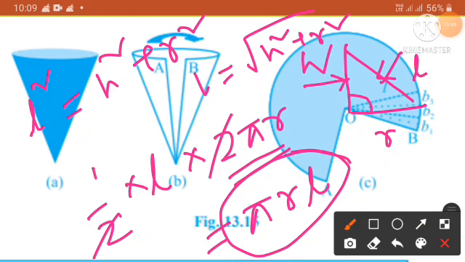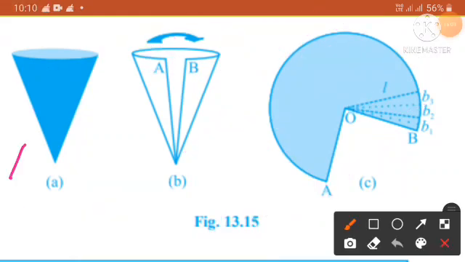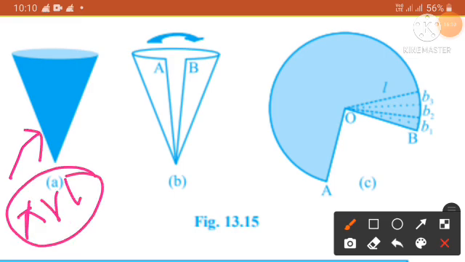Now if the base of the cone is to be closed, then a circular piece of paper of radius r is also required, whose area is pi r square. Okay, got it? That means we already got that the curved surface area is equal to pi r L. Now if this portion is present here, that means we have to add the area of the circular base.